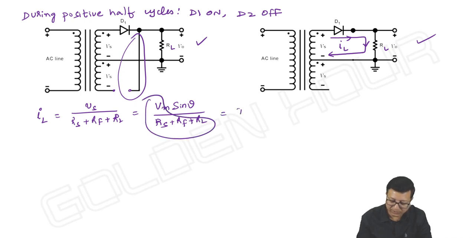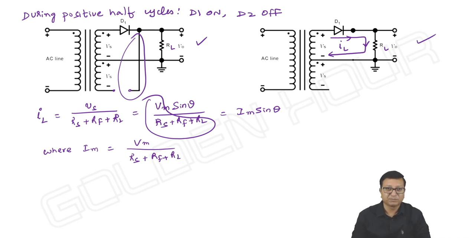This is further written like Im sin theta, where Im is equal to Vm by Rs plus Rf plus RL.